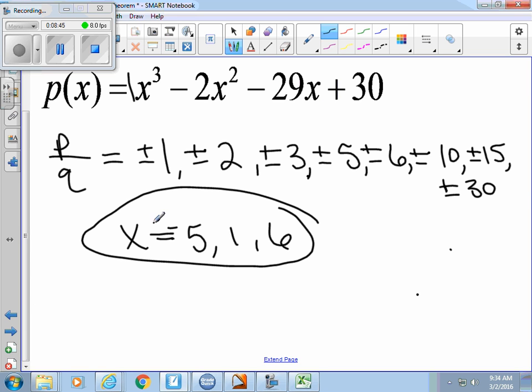Someone tell me another way to find the -5, 1, and 6, since we do have modern technology. Yeah, all of those things could be found on the graph. What is the only thing the graph cannot find for you? The imaginary ones. So that's where we will have to do work by hand. But I do want you to know you can find these either by using the P's and the Q's or by using the graph and finding intersections or something like that.